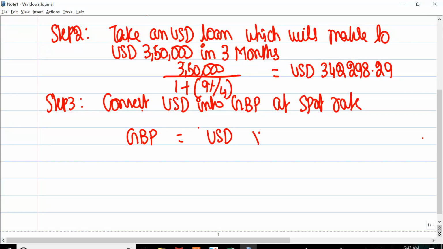USD into GBP by USD. What are we going to do with the denominator currency? Bank is going to buy.